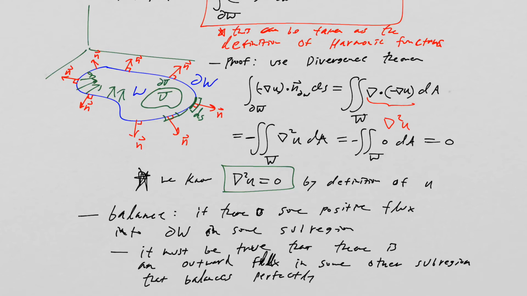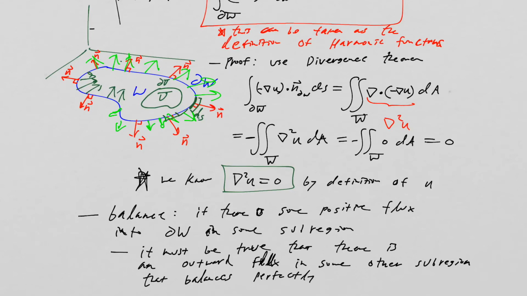So at some other point, we're going to have an outward flux. So the outward flux is all through here. So we're going to assume there that if we were to add up all the lines going into my set and all of the flow going out of the set, those are always going to be perfectly balanced. And that's why, again, the idea of harmonic is harmony, of balance, of everything exchanging in equal amounts. That's all the notion you're coming up with when you're talking about harmonic functions.